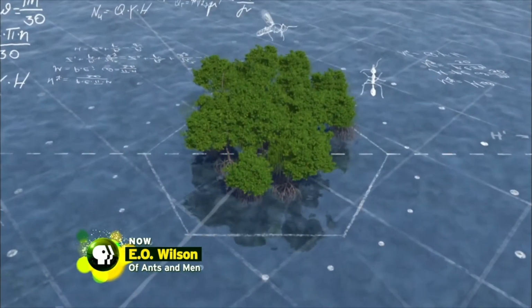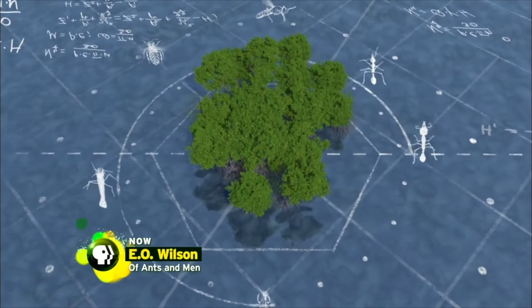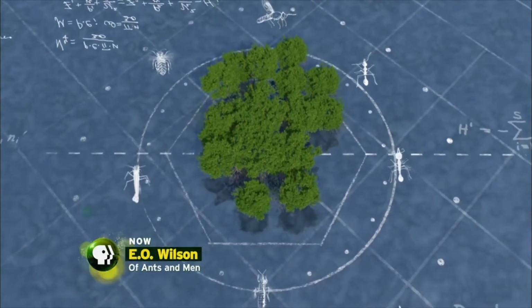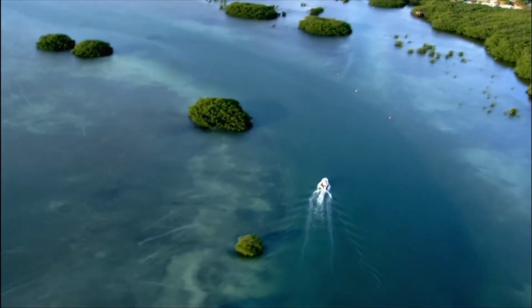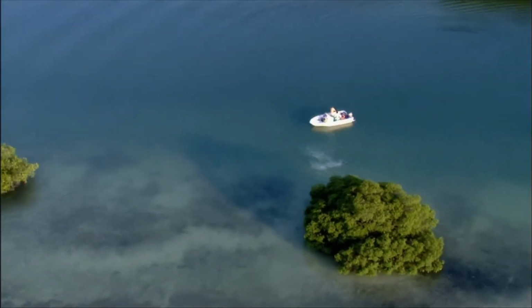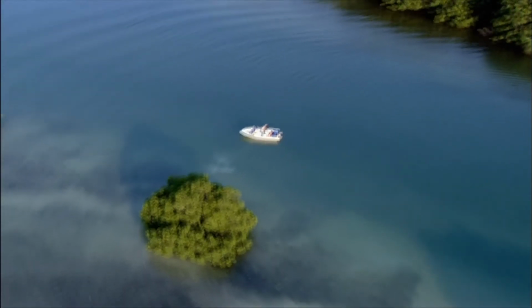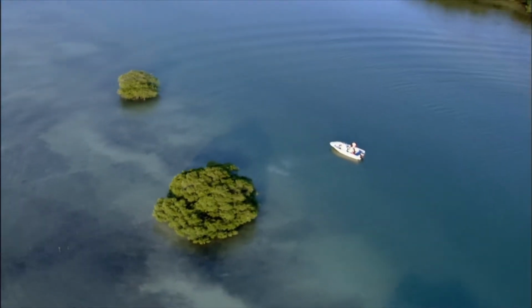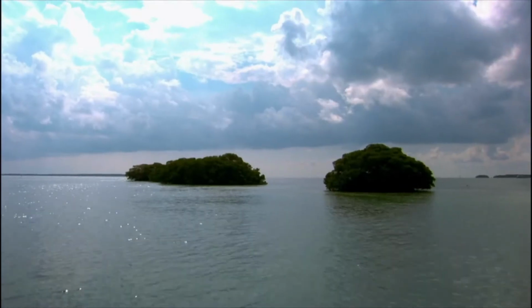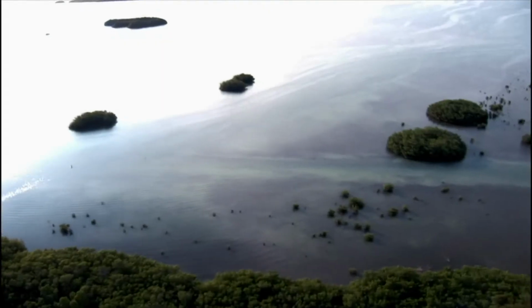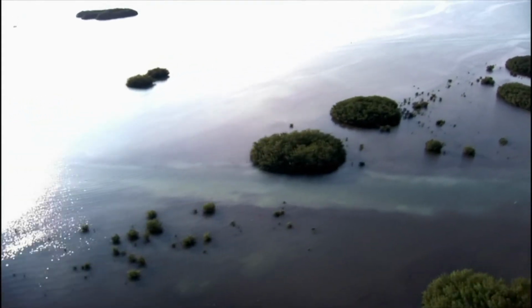But to confirm my intuition, we needed a more controlled experiment. So I decided to create my own mini Krakatoa in the Florida Keys. We went down to Florida Bay, where there are thousands of little mangrove islands, little dots on the map. We got an exterminator from Miami.